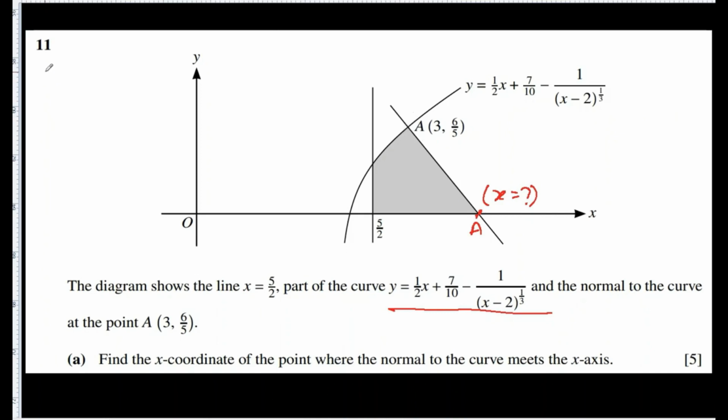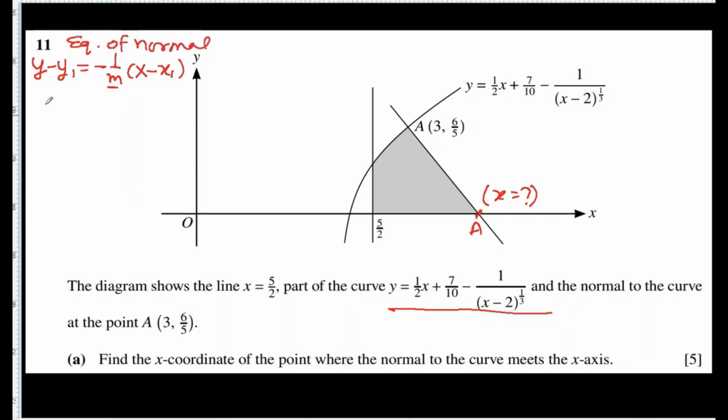So the normal is a straight line, and the equation of a straight line is y minus y1 equal to minus 1 over m times (x minus x1), specifically for a normal. m is the gradient of the tangent, and negative 1 over m makes it the negative reciprocal of the gradient of the tangent, and that's what we will use in the equation of the normal.